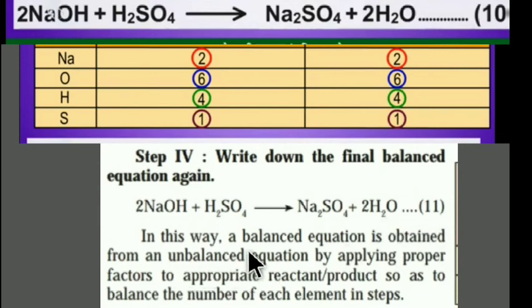In this way, a balanced equation is obtained from an unbalanced equation by applying proper factors to appropriate reactants or products so as to balance the number of each element in the step.